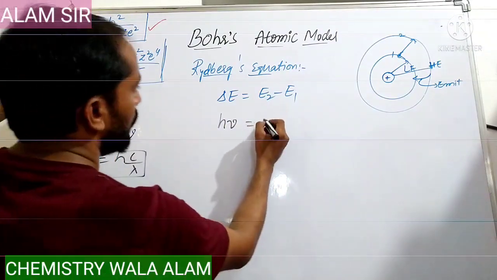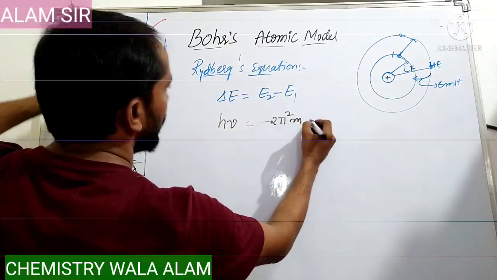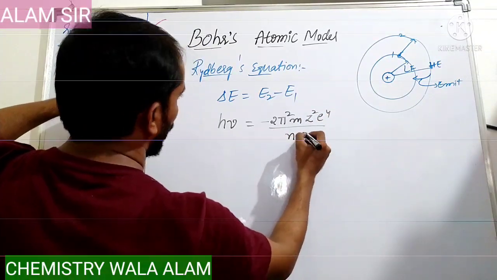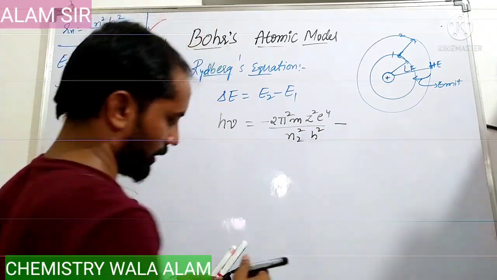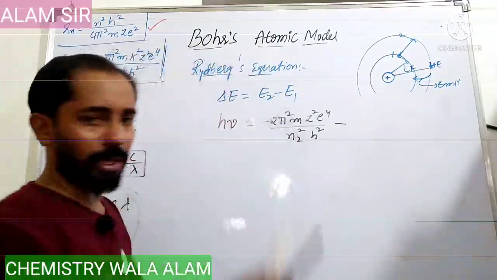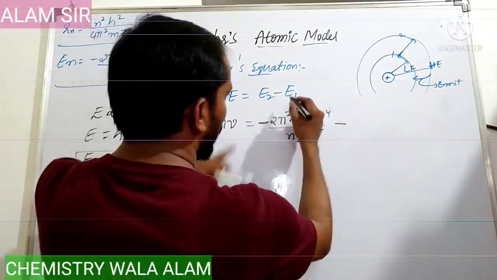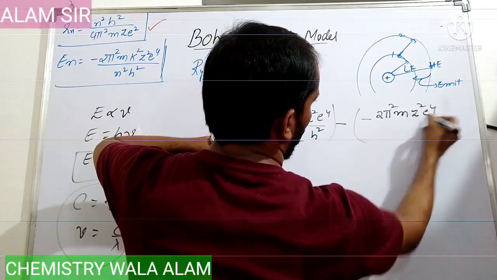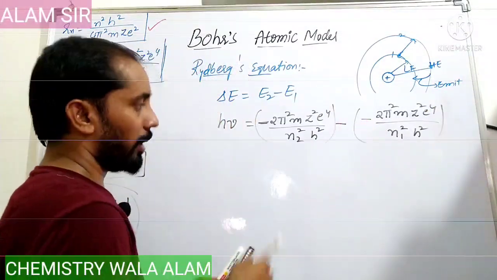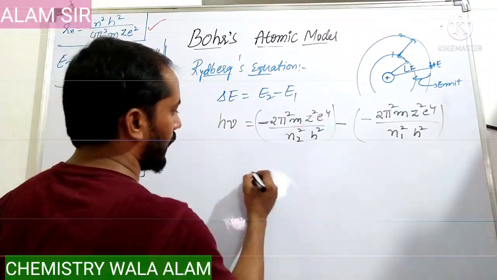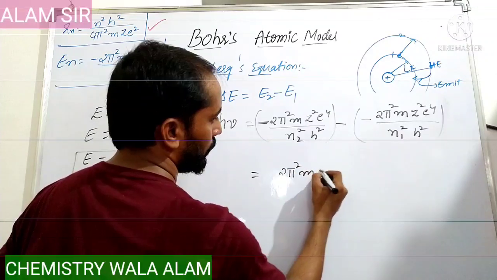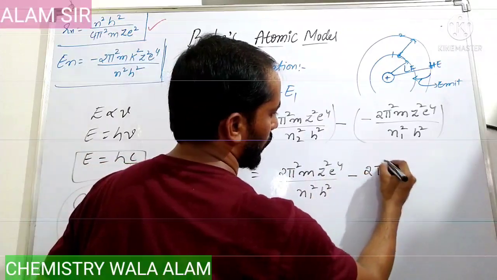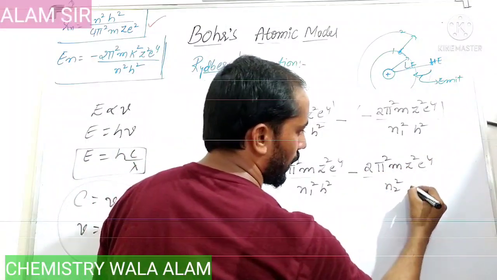E2 is minus 2 pi square m k square Z square e power 4 by n2 square h square, and E1 is minus 2 pi square m k square Z square e power 4 by n1 square h square. Here the minus becomes plus, so we can write it as 2 pi square m Z square e power 4 by n1 square h square minus 2 pi square m Z square e power 4 by n2 square h square.